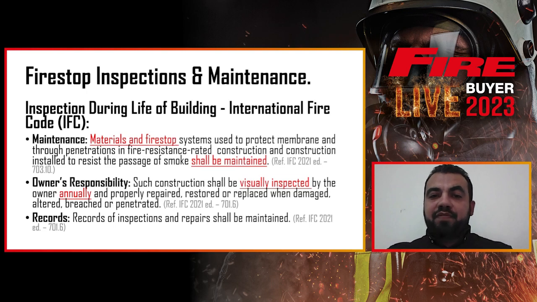Maintenance of materials and fire stopping systems is also required to be provided to make sure that over the time of the building life, after the installation has been checked and ensured that the installation is okay as per the tested system, and it's already inspected and accepted, you need to maintain it every year, to make sure that the fire stop installations are okay and doing the function, and in the event of fire it will be available and do the function properly, so it will stop the fire and confine the fire.